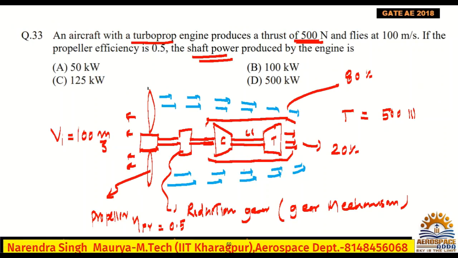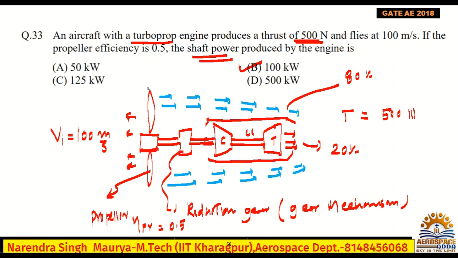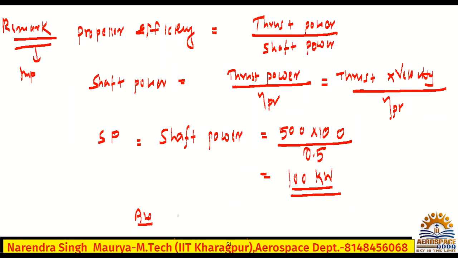Check if any option is there. 100 kilowatt, B. Because it's a power, it's 100 kilowatt shaft power. So what is the correct answer? Answer is B, 100 kilowatt. Simple formula based.